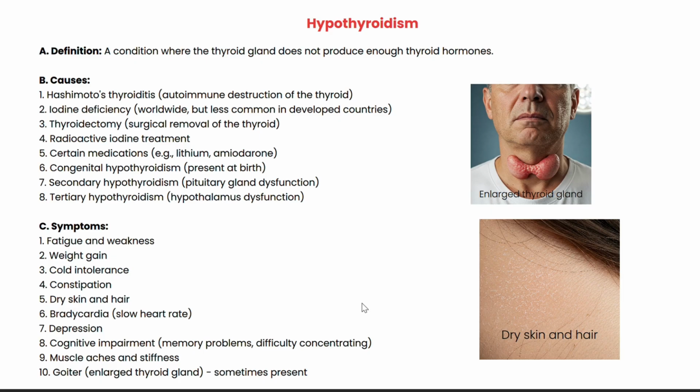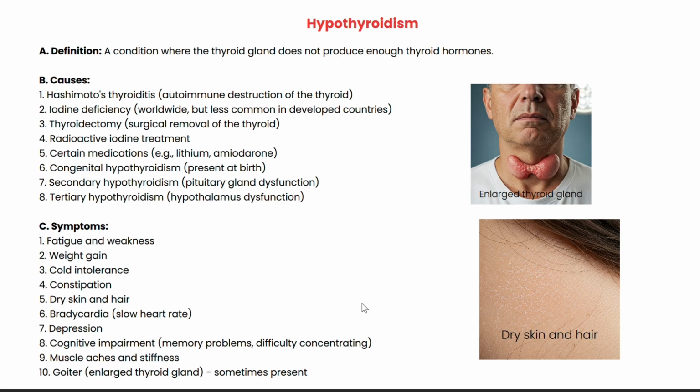In many parts of the world, the most common cause is Hashimoto's thyroiditis, an autoimmune disease where the body's immune system mistakenly attacks the thyroid gland. Iodine deficiency is another significant cause worldwide, although it's less common in developed countries where salt is often iodized.